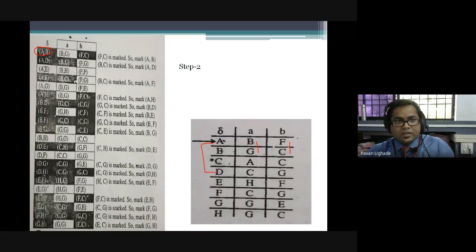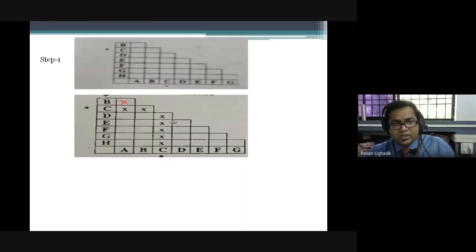So we will be marking AD also. Check it out: BC and FG. Here, as C is the final state and B is a non-final state, AD will also be marked as crossed.